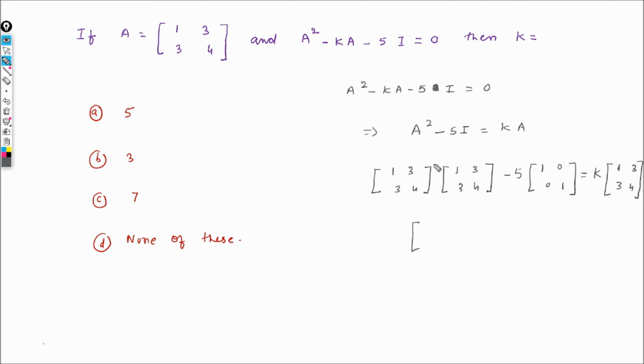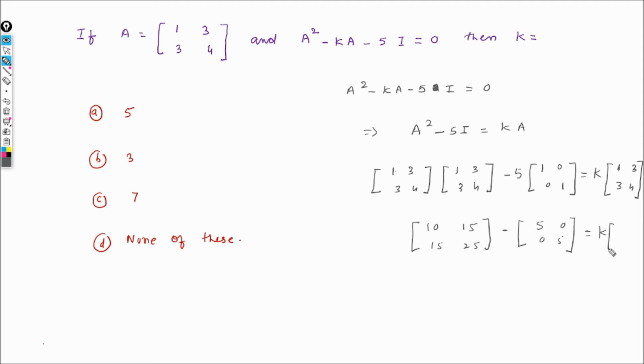So this will be 1 plus 9 means 10, 3 plus 12 means 15. Then this is 9 plus 16, 25, minus 5, 0.